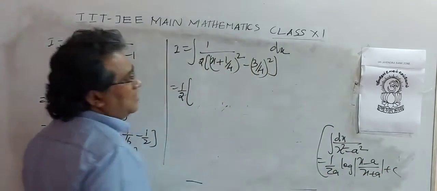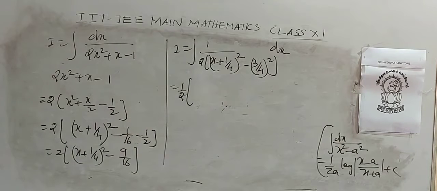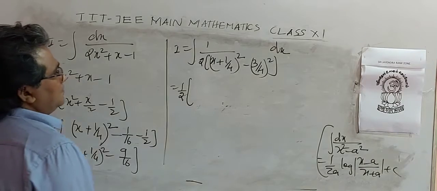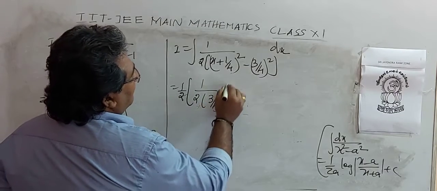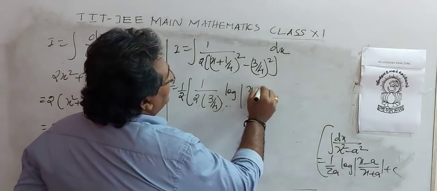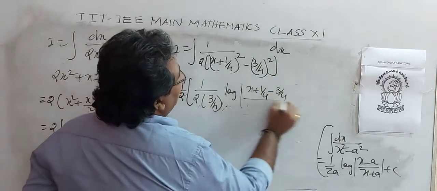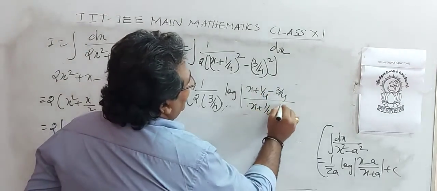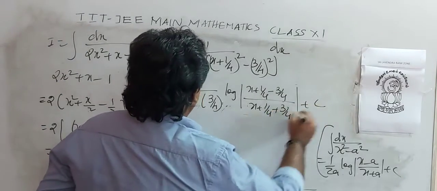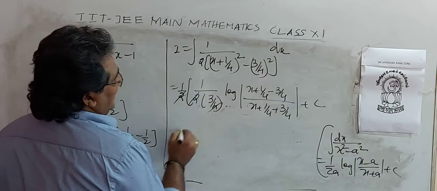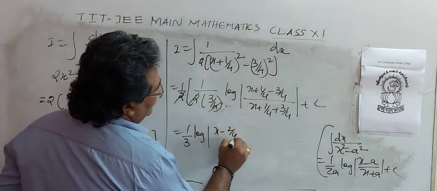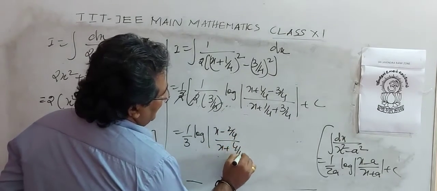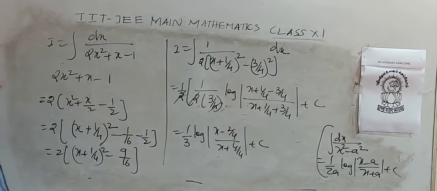Integral dx by x squared minus a squared is 1 by 2a modulus of log x minus a by x plus a plus c. 1 by 2a, 2 into, in place of a we have 3 by 4, log modulus of x plus 1 by 4 minus 3 by 4 divided by x plus 1 by 4 plus 3 by 4 plus c. 2 into 4, 4 cancelled, 1 by 3 x minus 2 by 4 by x plus 4 by 4 plus c.